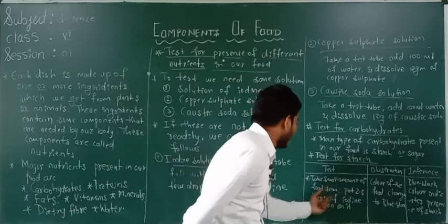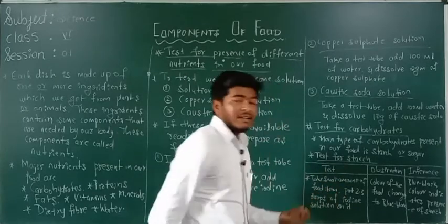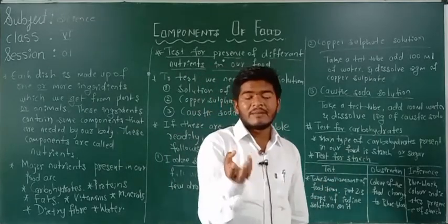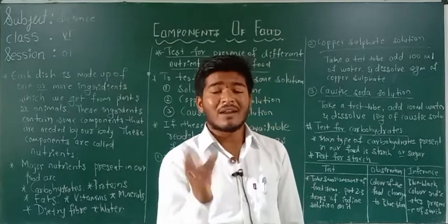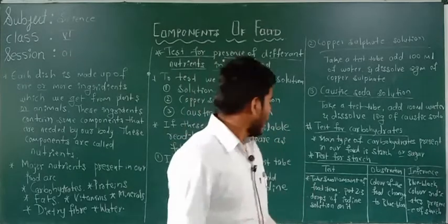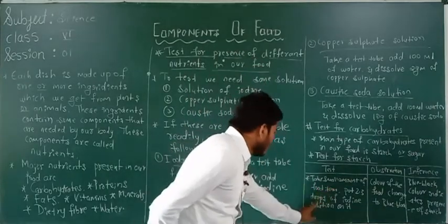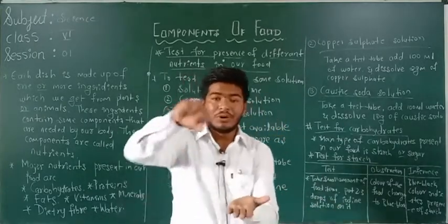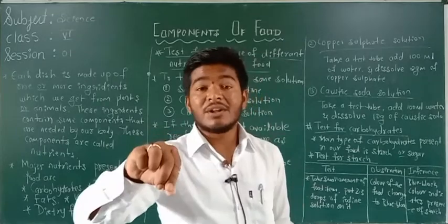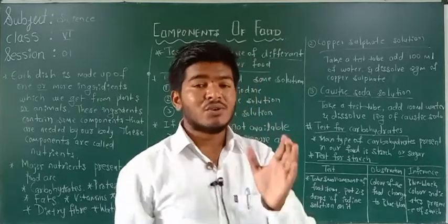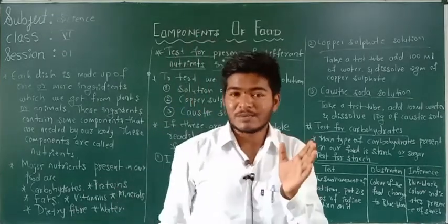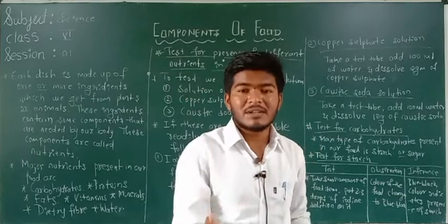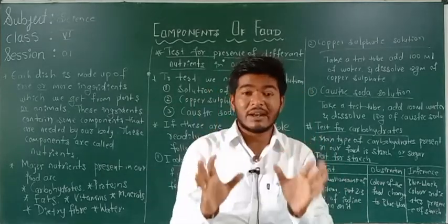Take a small amount of food item, a small quantity or a small piece of food item, and put 2 to 3 drops of iodine solution on it. When you are going to make chemical experiments, you have to concentrate on the word.